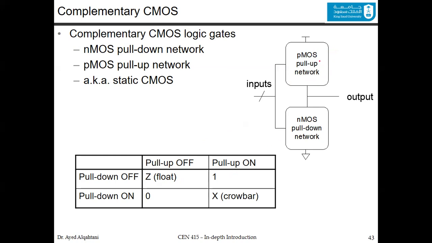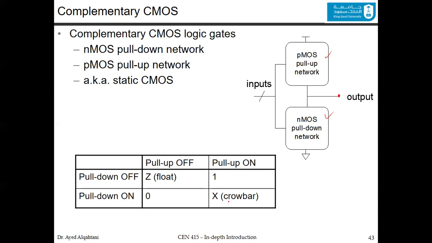But if both networks are on, now we have a competition. Basically, what happens to this node is that VDD charges it, and at the same time the ground is discharging it. So there is a fight between the pull-up network and the pull-down network on this node. Because of this, when the pull-down is on and the pull-up is on, we have an unknown state.